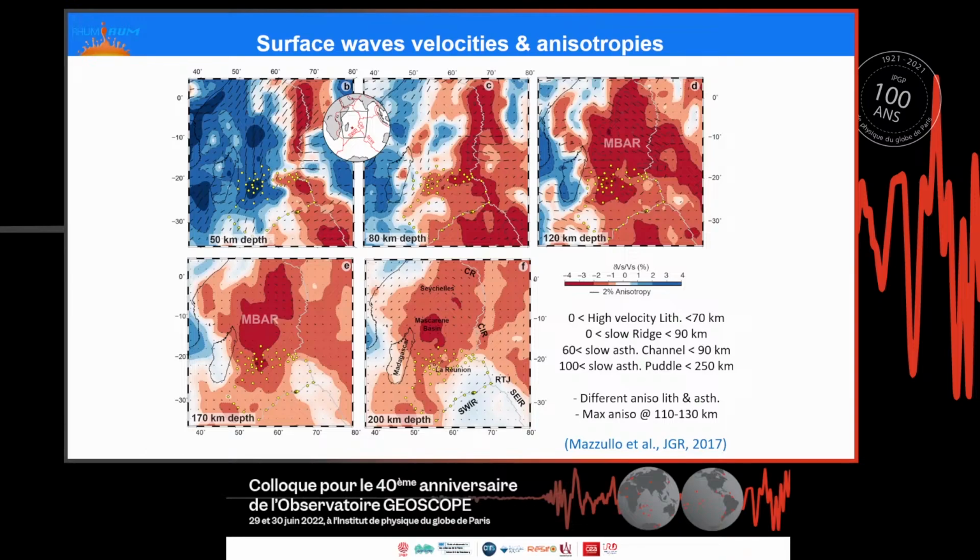We also observe a low velocity channel connecting La Réunion hotspot and the Central Indian Ridge in this region. And in the asthenosphere, we found a large low velocity anomaly between 100 and 200 km depth that we call the Mascarene Basin asthenospheric reservoir, which is also characterized by a northwest-southeast trending anisotropy.